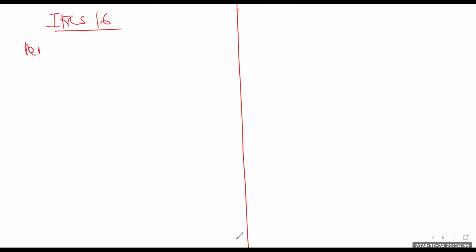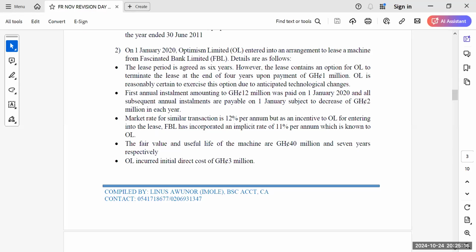What is the rental payment? The annual rental is 12 million.